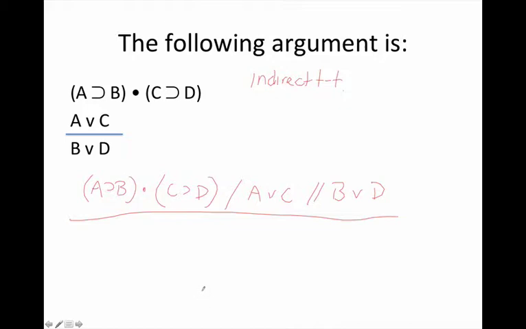I also wanted to show you this method because I think it really hammers away at the meaning of validity. We know that it is impossible for an argument to have true premises, a whole bunch of true premises, and a false conclusion and be valid.